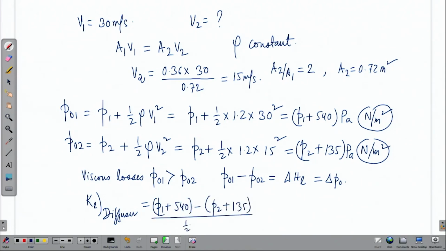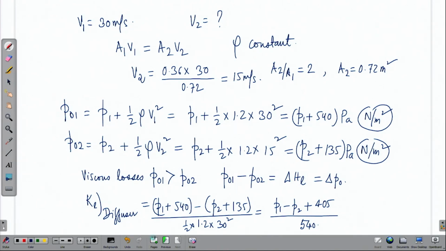And the dynamic pressure will be based on what comes into the section. So, that is based on 30 meters per second. So, that is finally P1 minus P2 plus say 405 by 540. So, the 405 comes from the subtraction of 135 from 540.